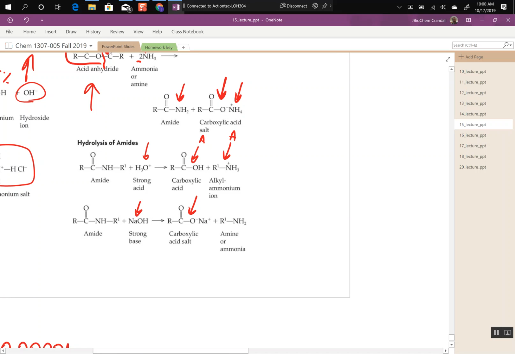Okay? Now, since I'm using sodium hydroxide, the positive sodium can associate with that to make a salt. Because it's present, I could do that. And then I get the sodium carboxylate. All right, but the point is I'm going to create that base. And an amine. Amines are bases. So I get the base and the base. So if it's acid catalyzed, I get two acids. If it's base catalyzed, I get two bases. Okay?